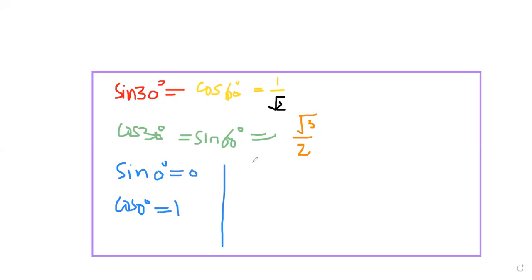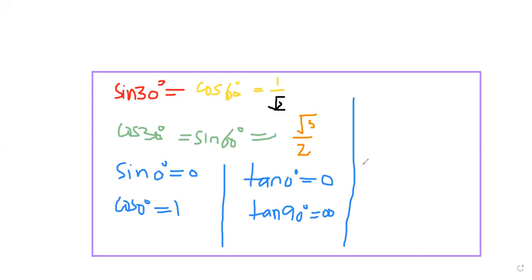Similarly, I write tan of 0 will be equal to 0, and tan of 90 will be equal to infinity. Tan 90 will be undefined, or you can write it as infinity.